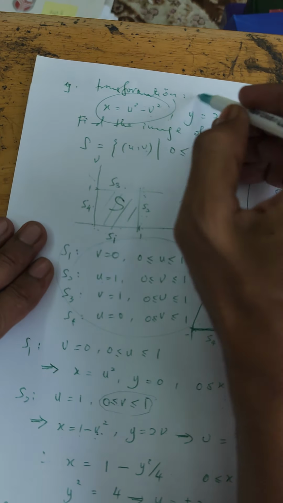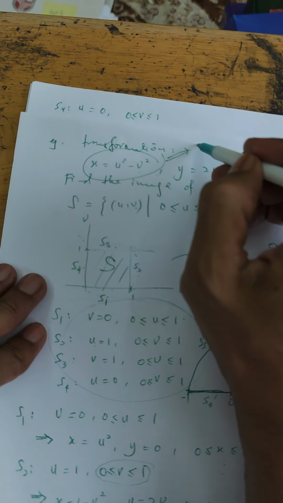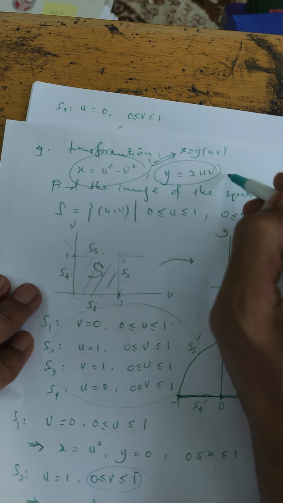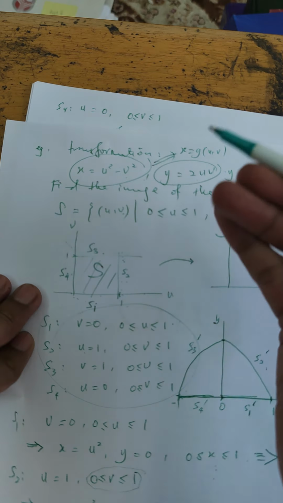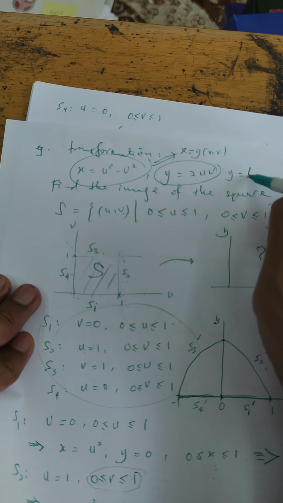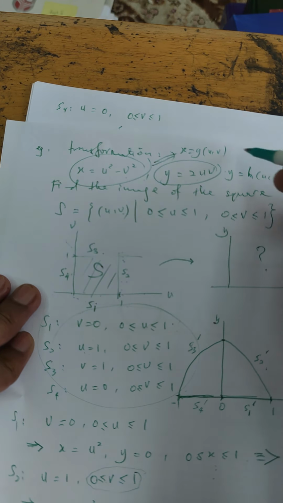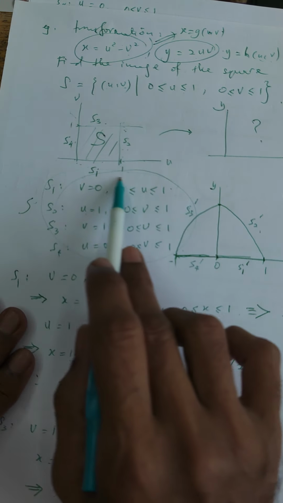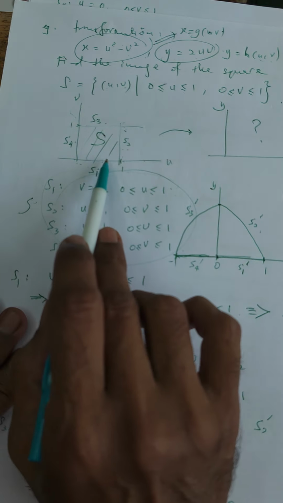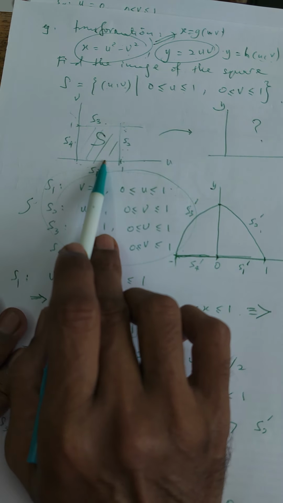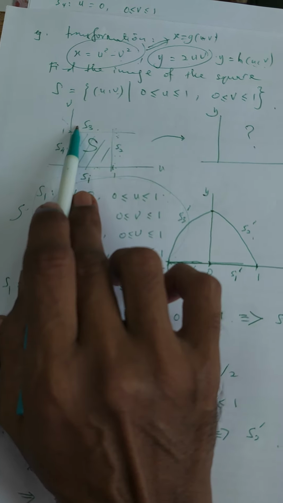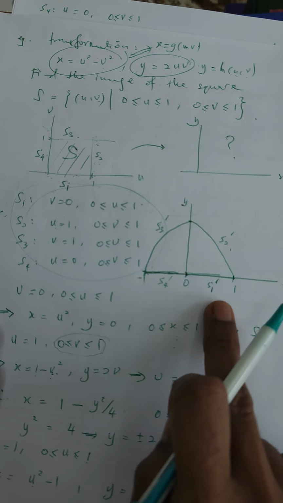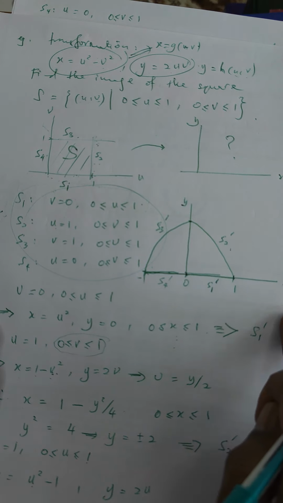Basically this is our function that we define as X as a function of U, V. This is our function that we define as Y equal to, for example, H of U, V. We transform from a square in the UV coordinate system into this kind of shape in the XY coordinate system.